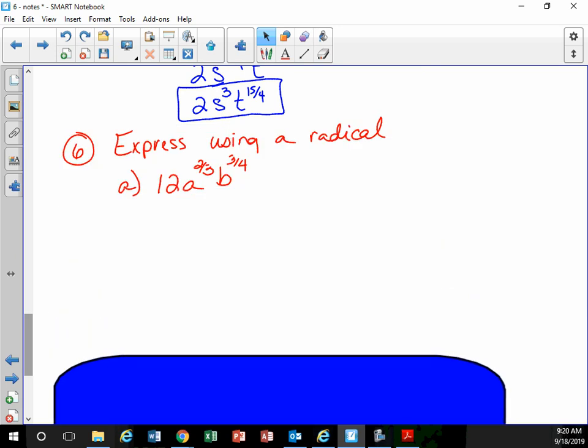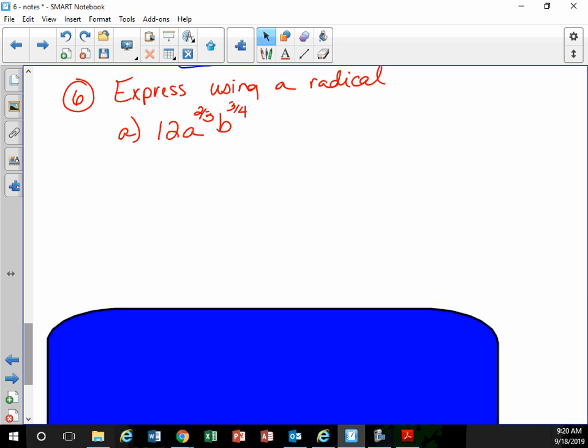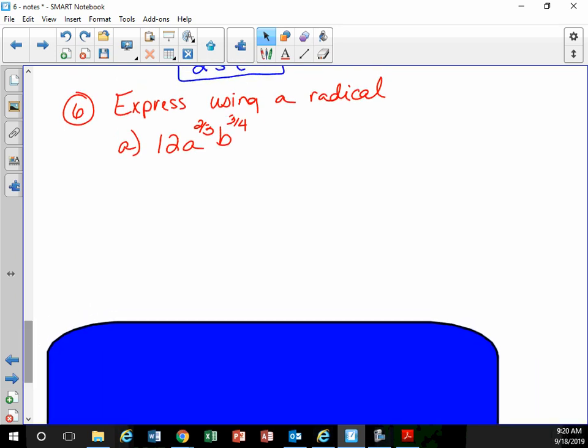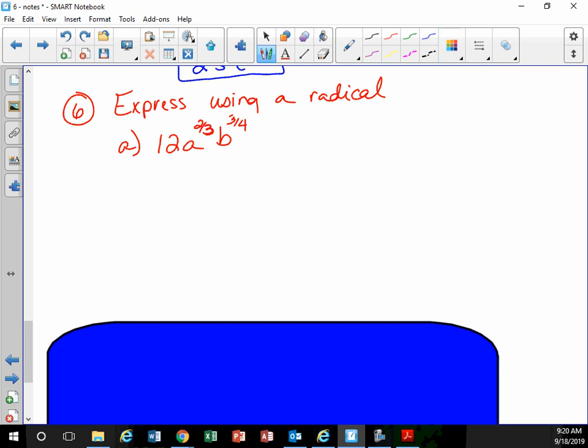I think we have 2 left, guys. Or maybe just an A and a B for this. All right, express using a radical. So write it down. That's a 3 and a 3/4 if you can't read. A to the 2/3, B to the 3/4.